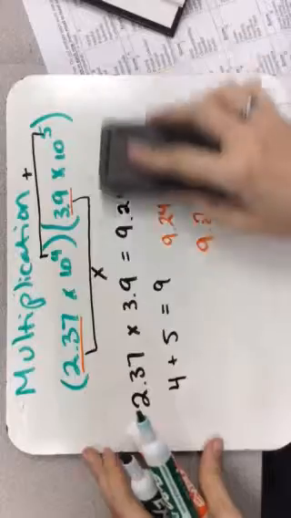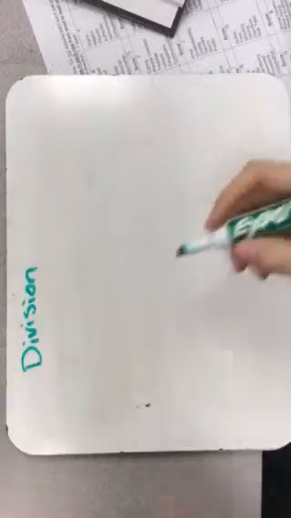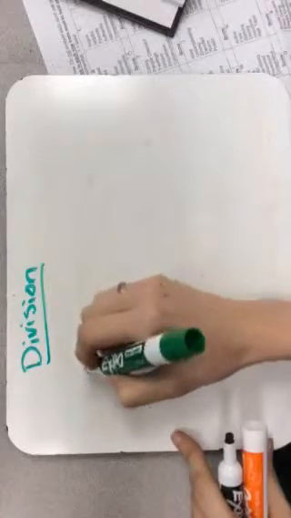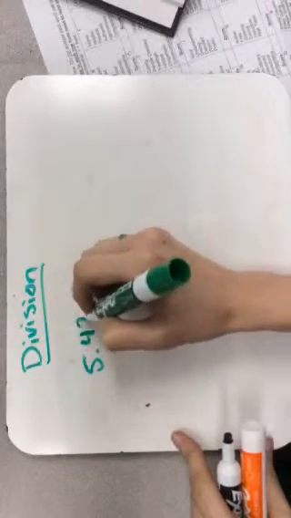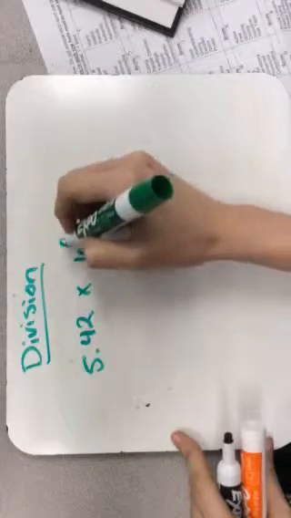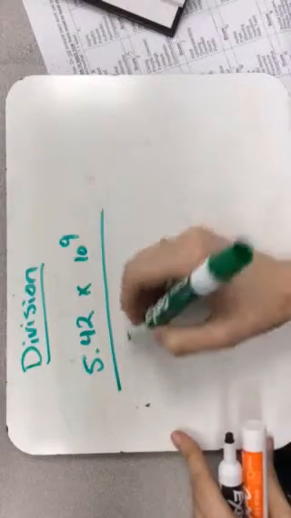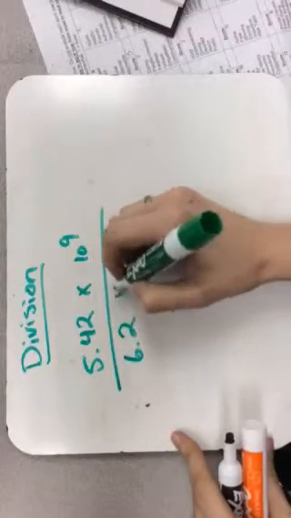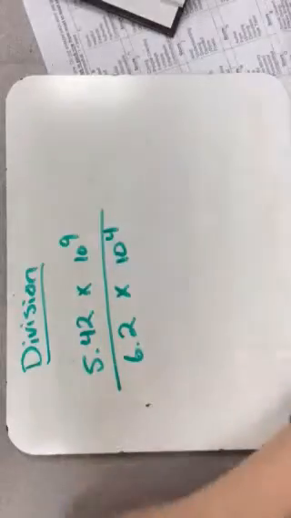Division is also very simple. So with division, let's do 5.42 times 10 to the ninth divided by 6.2 times 10 to the fourth.